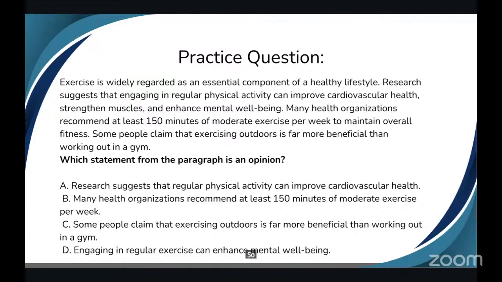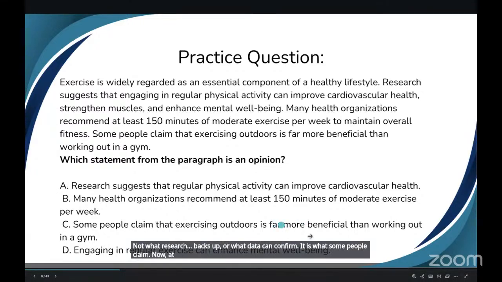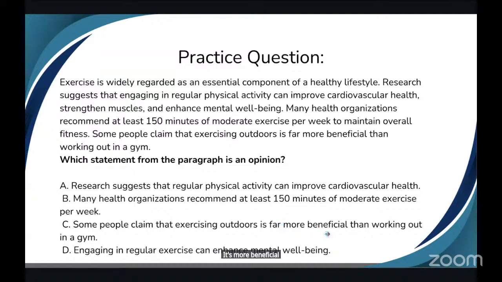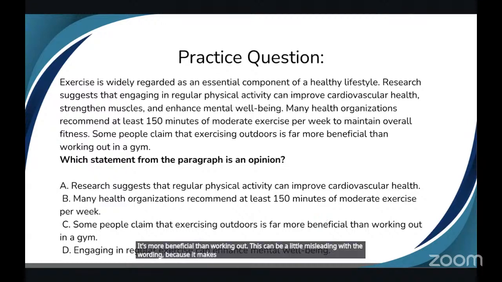This one would be an opinion because it's what some people claim, not what research backs up or what data can confirm. Now, at the end of the sentence, we see that it says it's more beneficial than working out. This can be a little misleading with the wording because it makes it sound like it's verified information.